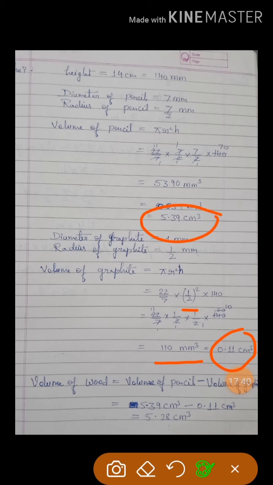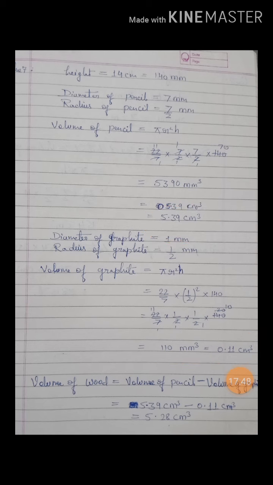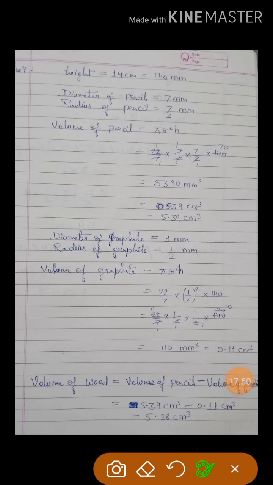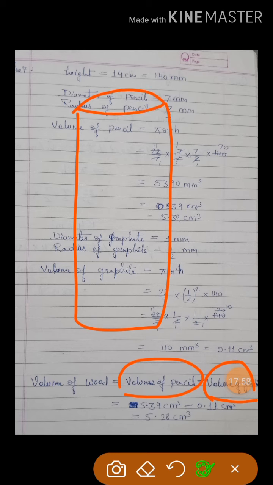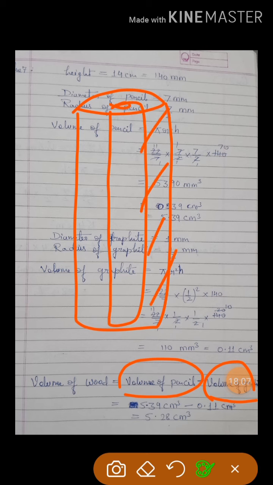And we need to find the volume of wood. Only the volume of wood we need to find. So from the volume of overall pencil, if we subtract the volume of graphite from that, the remaining part will be the wood.